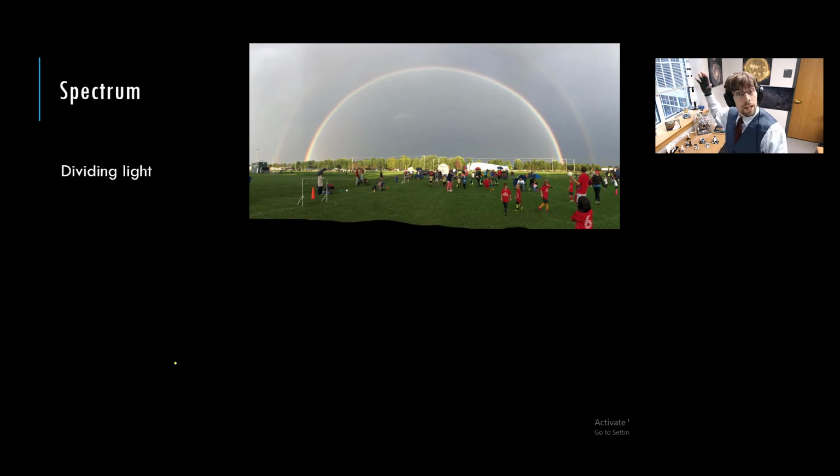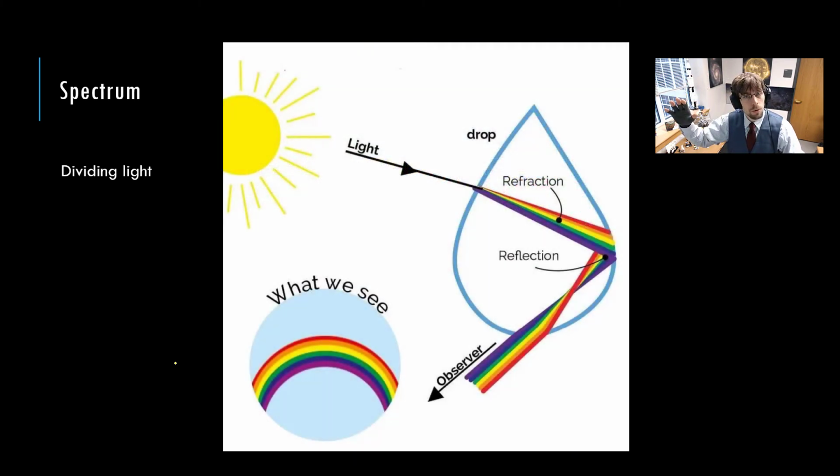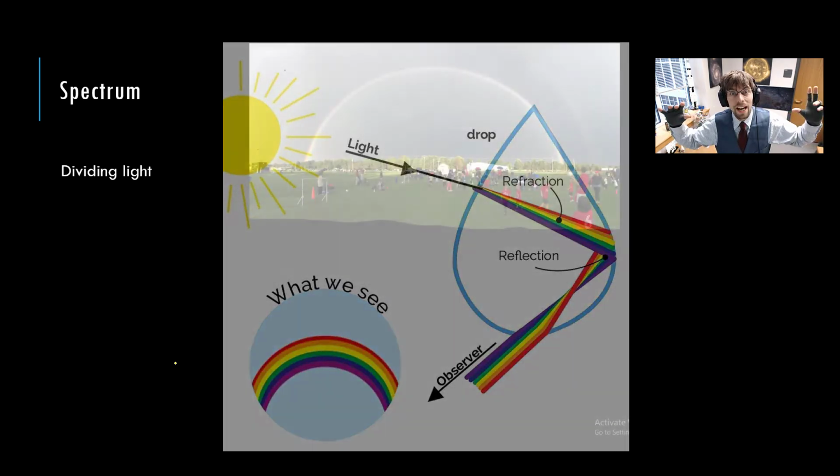Sunlight is being passed through and being divided up into its individual wavelengths. Well, from the visible part of that spectrum, we see that the different colors end up being separated. What's doing that separation? Yeah, water drops in the air.